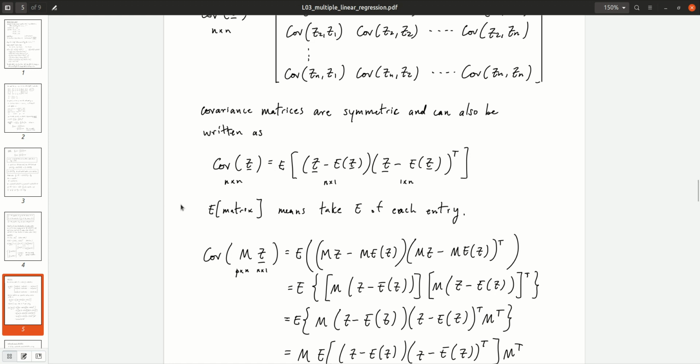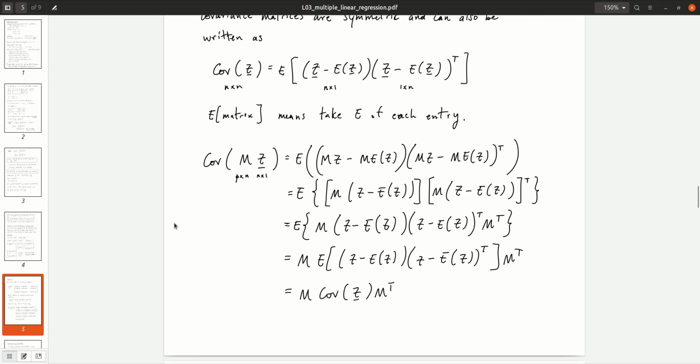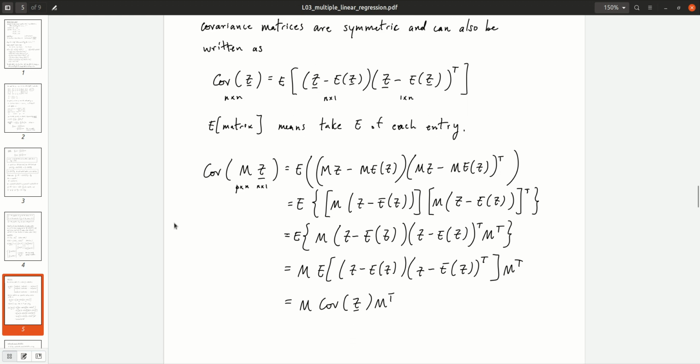So we can have this representation of the covariance as an expected value of a random matrix. What we mean by the expected value of a random matrix is we just take the expected value of each entry of that matrix. That's just what we mean by a covariance matrix.